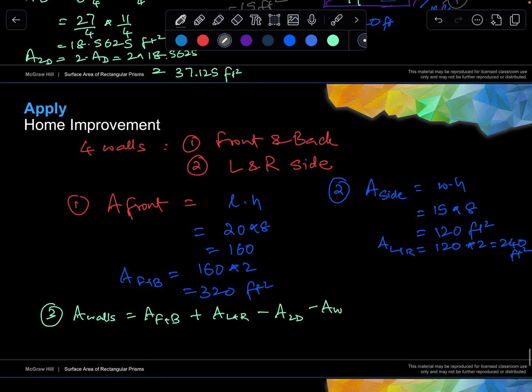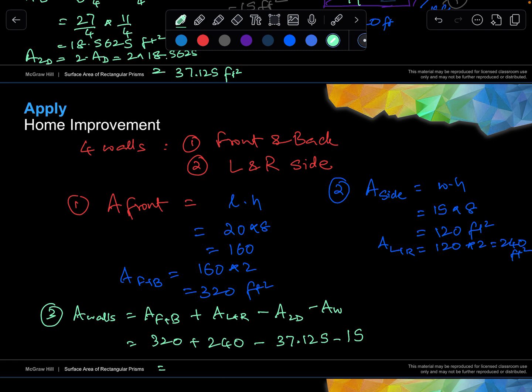So I'm going to use this now, right? Going back to my equation, area of front plus back is 320. Area of left plus right is 240 minus 2 times area of door, 37.125, minus area of window, which was 15.